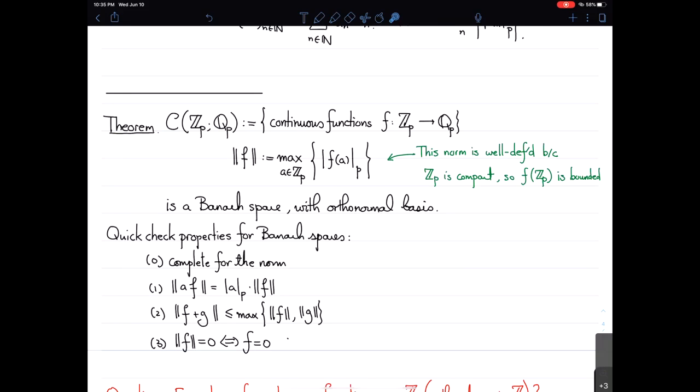Now I'm going to define a norm on this to be the maximum value of this function. Well, the value is in Q_p. Yes.